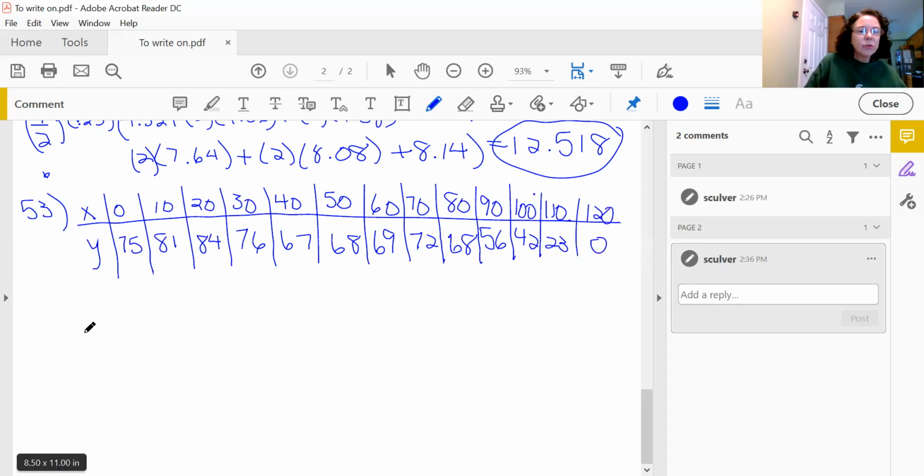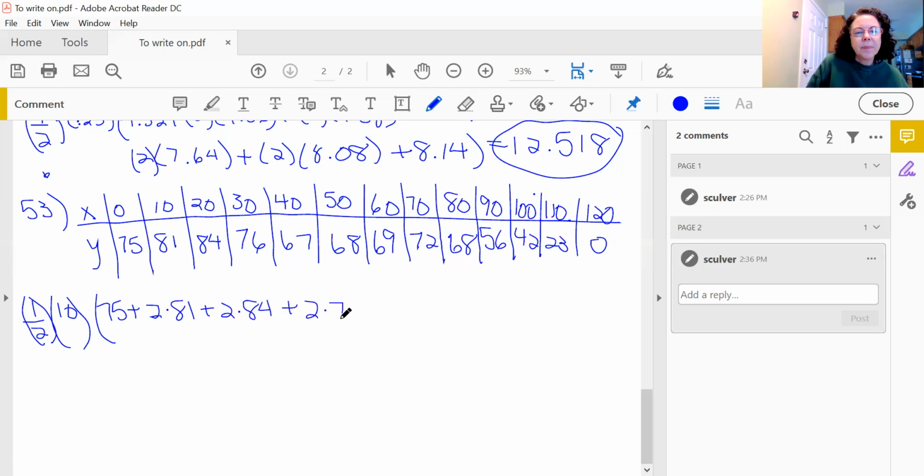So trapezoidal rule, notice 1/2 is part of the formula. The height between these bases is 10. The first base I'll use once, the second base twice. So each of the bases, I'm going to put 2 times that. Hopefully I don't miss one.